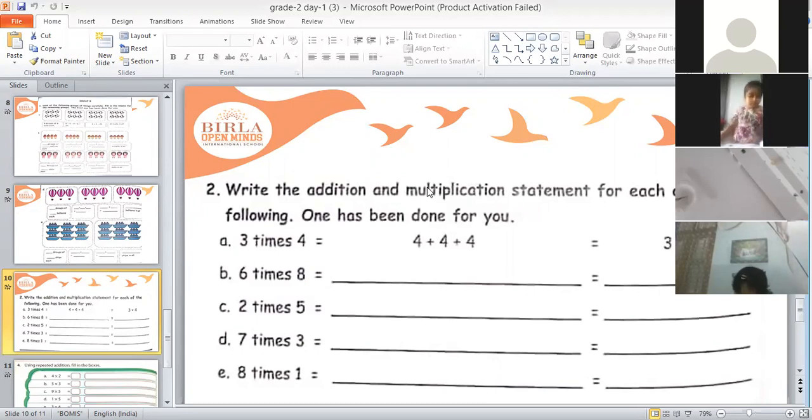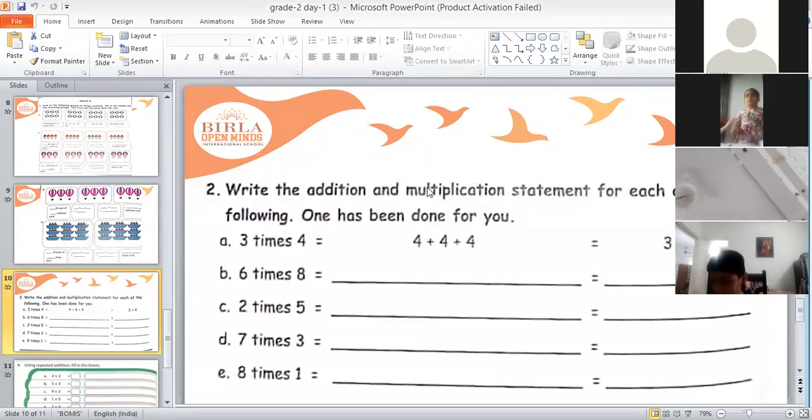Yes, Supratik, the page number is 71. Page number 71 is there, no? Open that page.